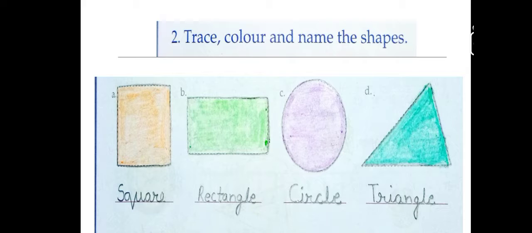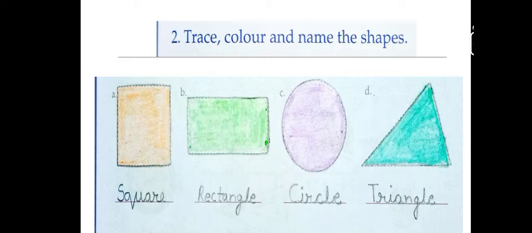After completing the shape, we will color it, and then we will write the spelling, SQUARE. In square we have 4 lines and all the lines are equal.